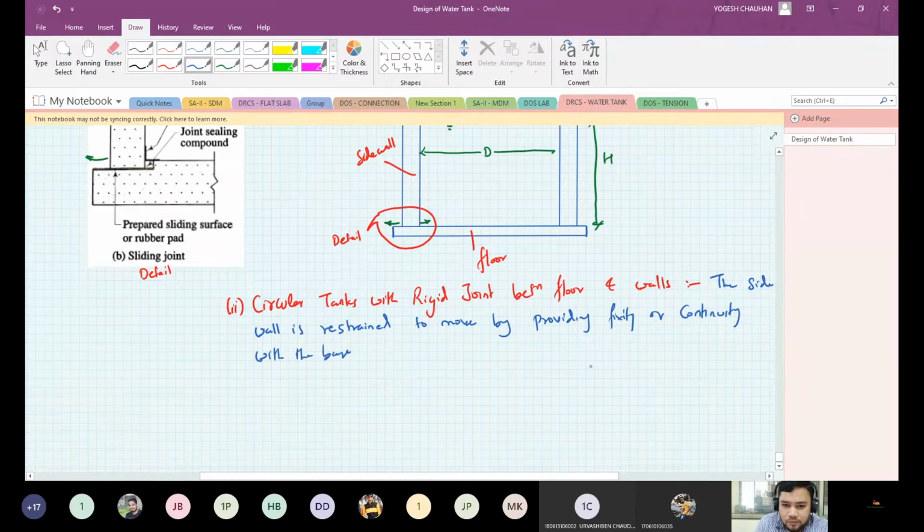So in this case, this side wall and the raft are inbuilt.